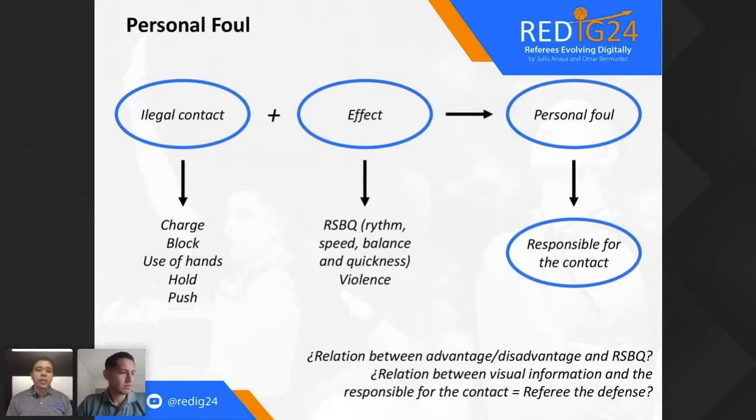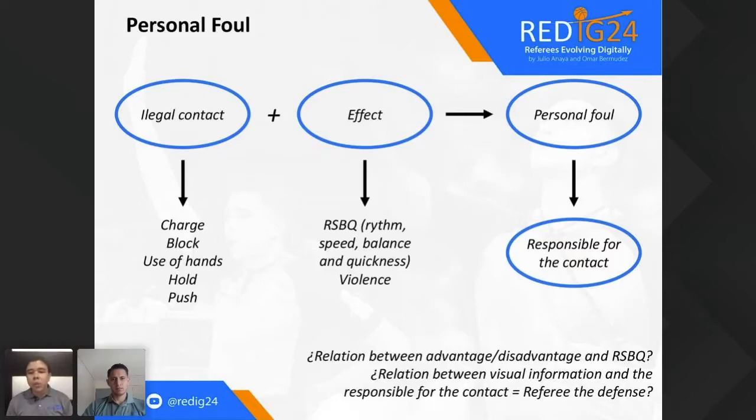The first question is the relation between advantage, disadvantage, and the RSBQ. If you know, the rule has one golden article that talks about applying the concept of advantage, disadvantage during violations and personal fouls, and doing it consistently.